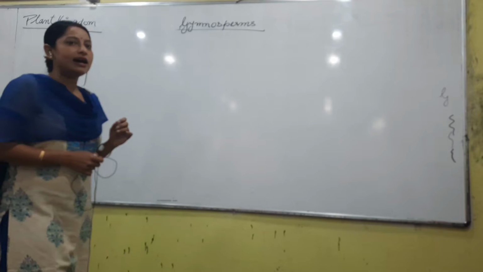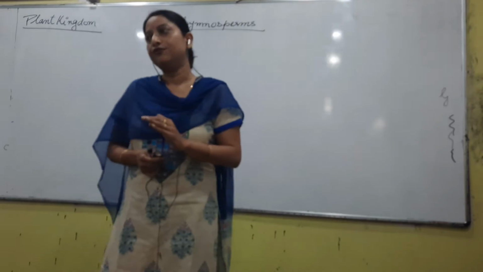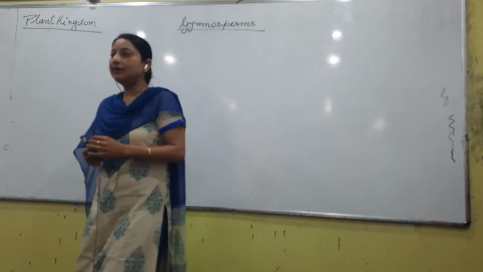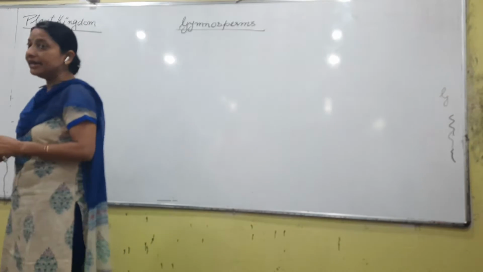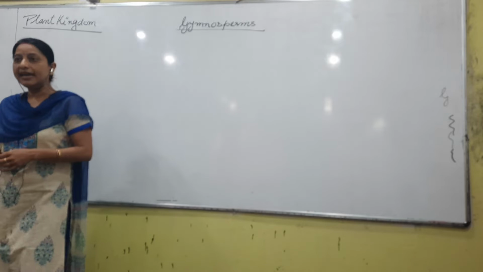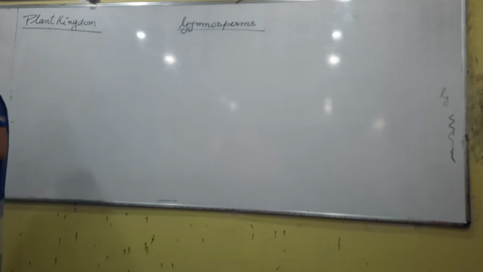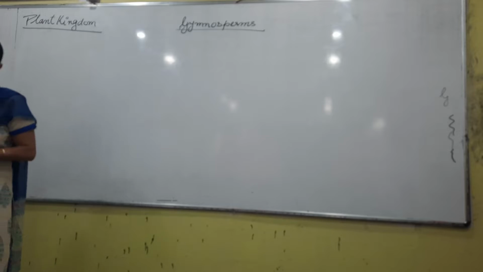Again, talking about archegonia, a question from the point of evolution: what is the last group of plants to have archegonia? The last group of plants to have archegonia is gymnosperms. Again, what is the last group of plants having antheridium? We have to remember antheridium is a structure that is absent in gymnosperms. So the last group that had antheridium is pteridophytes, right?